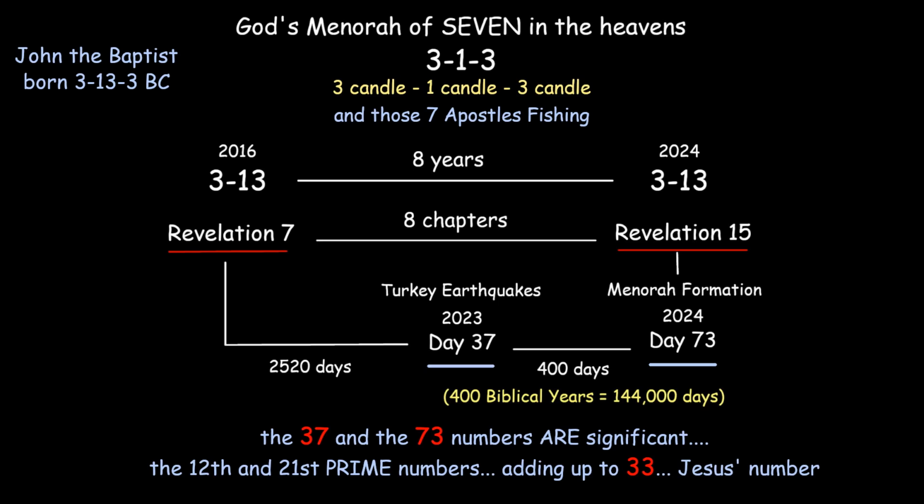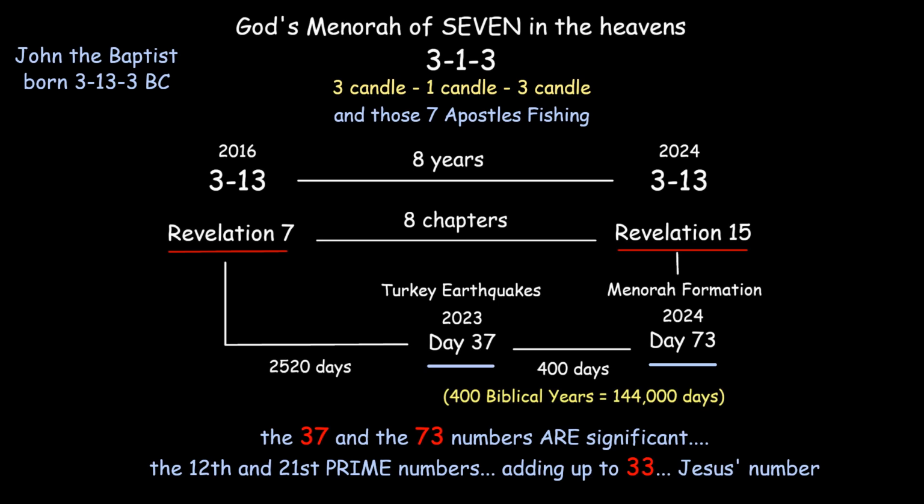And then it was exactly 400 days from the Turkey earthquakes to the 0 hour of 3/13 of 2024, when the Revelation 15 sign happened. I think the 400 days is representing the 400-year biblical cycle, and our time is up.